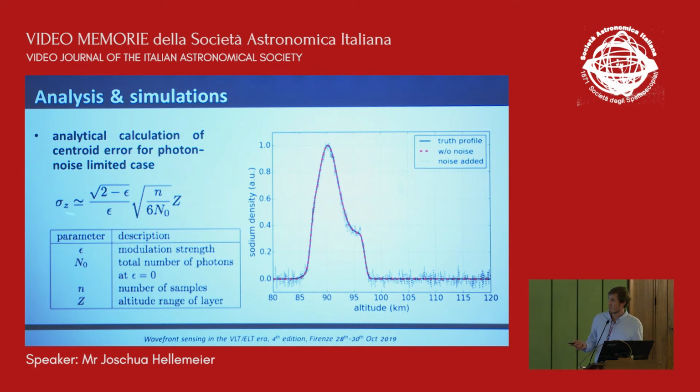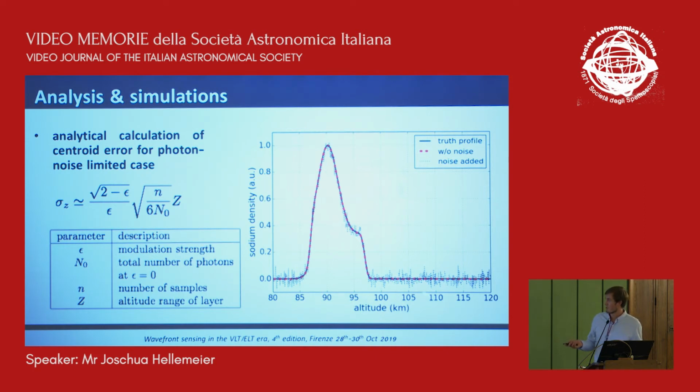The error in centroid is given by this formula, which depends on the modulation strength, and N0 is the total number of photons at zero modulation, the number of samples, and the altitude range of the layer. It has to be said that once you modulate your laser, you're sacrificing some flux, so the average laser guide star return flux will be lower than when there is no modulation.